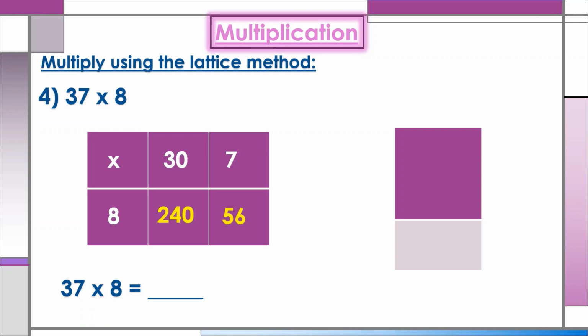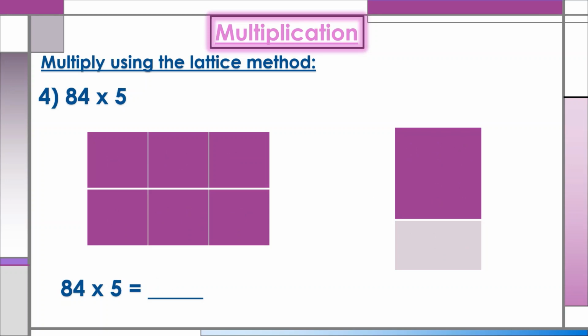Now we add these two numbers. Write 240, 56, addition sign. 0 plus 6 we get 6. 4 plus 5 we get 9. 2 we write as it is, 296. The final answer is 37 multiplied by 8 is equal to 296.